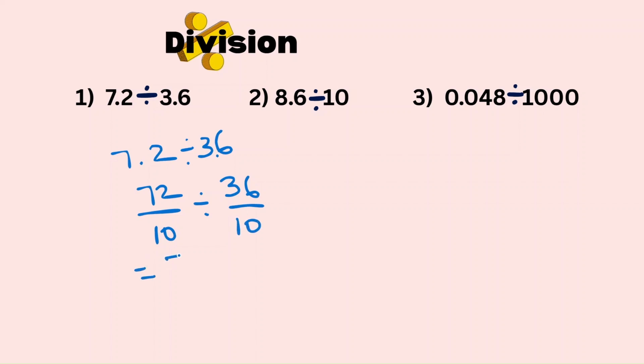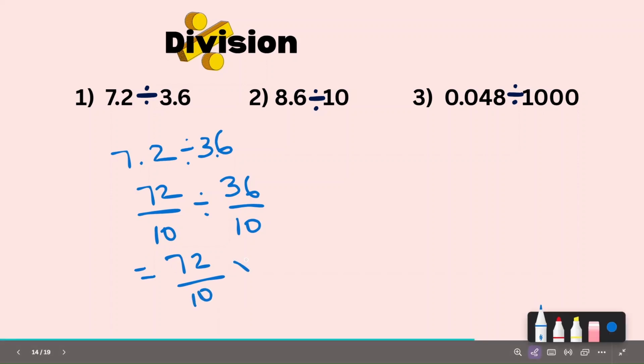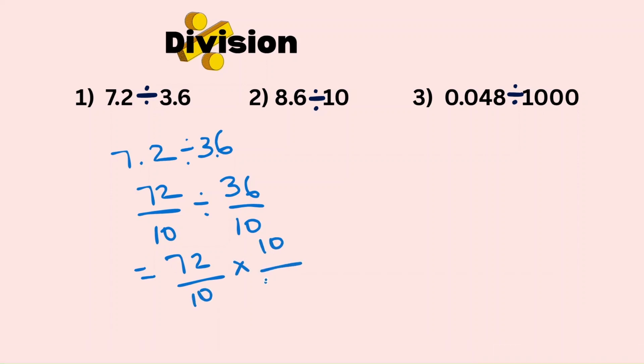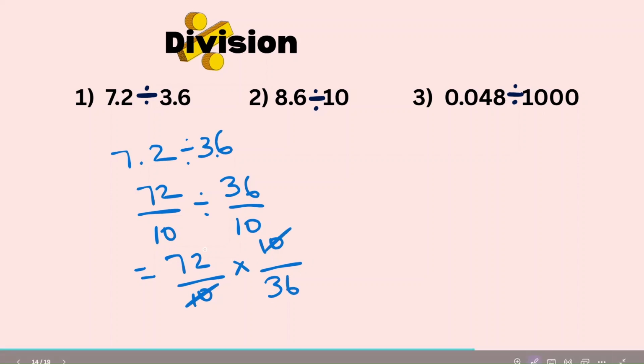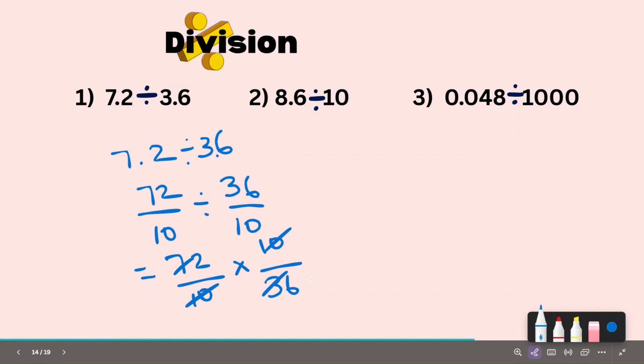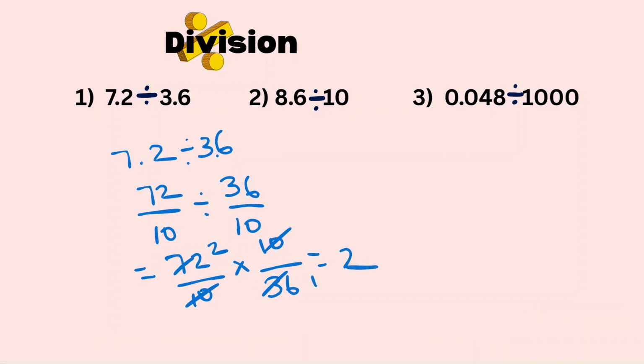That is nothing but 72 by 10 into 10 by 36, which is equal to 1 time this is 2 times, which is equal to 2. So 2 is the answer here.